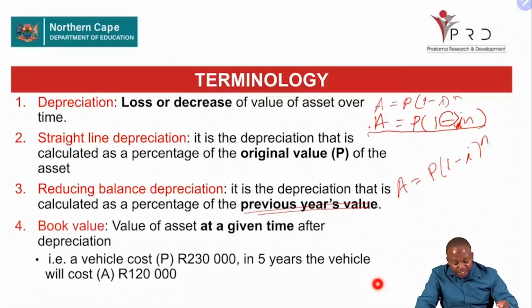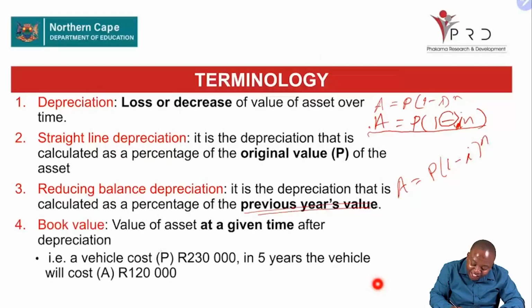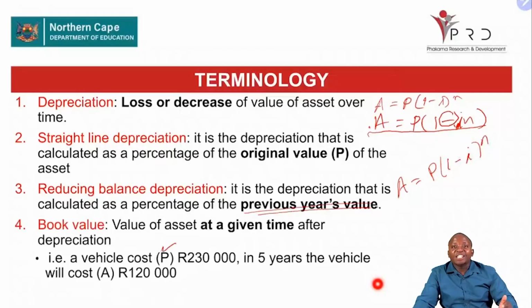For example, a vehicle costs 230,000, and in 5 years, the vehicle will cost how much? 120,000. That is to say, I bought the vehicle for 230,000. That's why it's my P there. It is a P because I bought it in the present with 230,000. Now, in 5 years' time, I want to sell the very same vehicle.